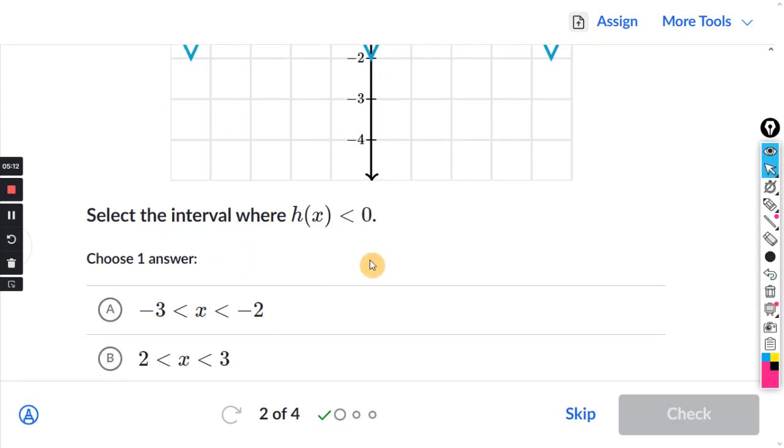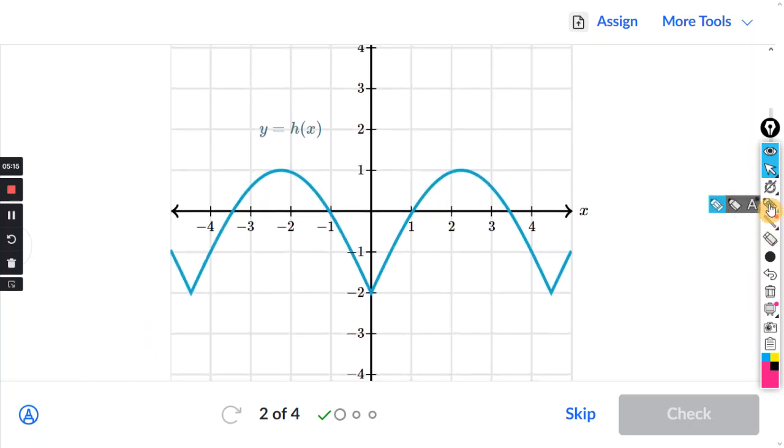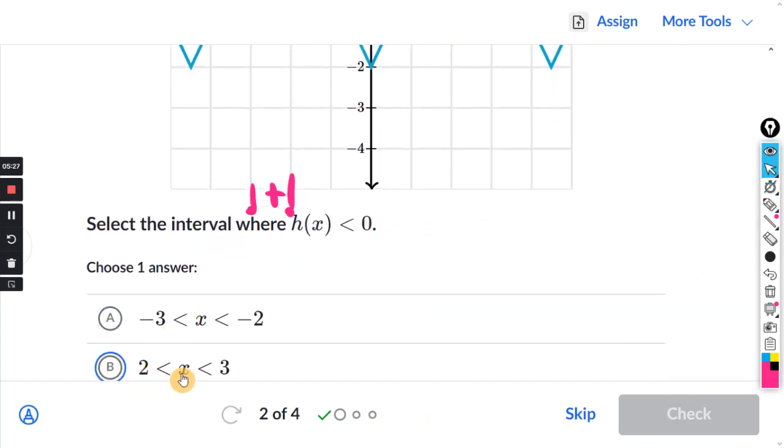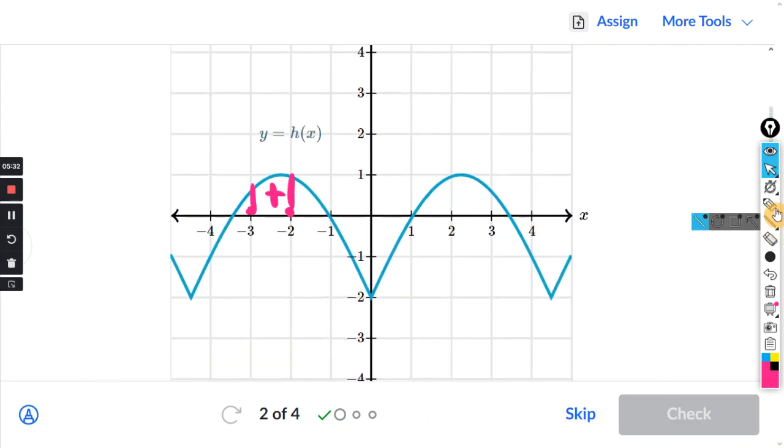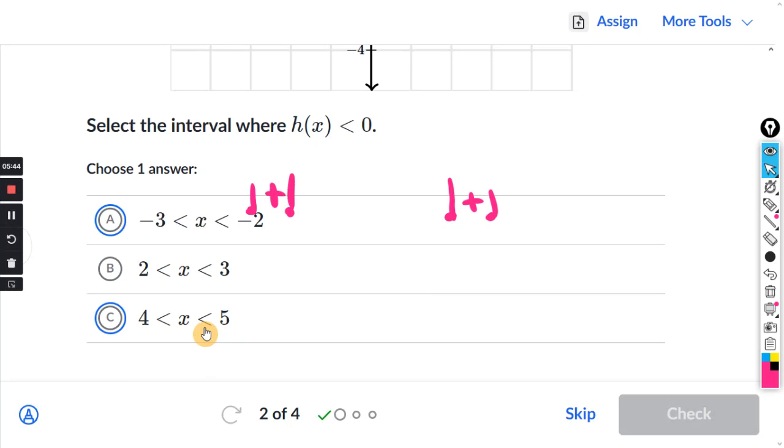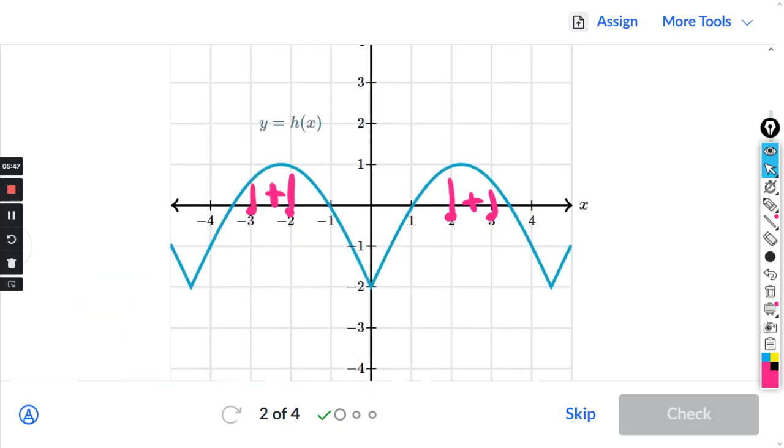Between -3 and -2. If we go to the x-axis between -3 and -2, we can see in this section the graph is positive, so that's no good. Between 2 and 3, if we go to the x-axis between 2 and 3, this section of the graph is positive. That's no good. Finally, x between 4 and 5.